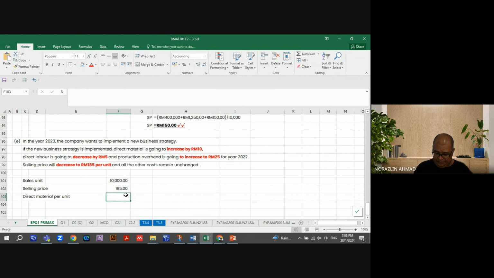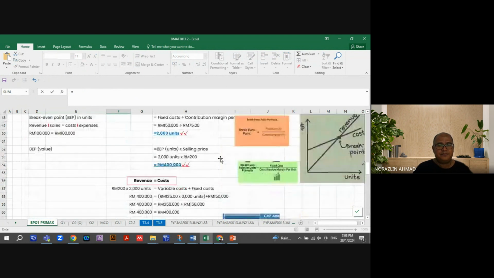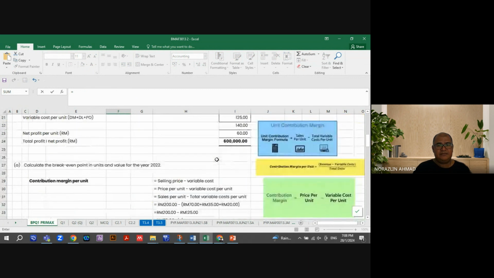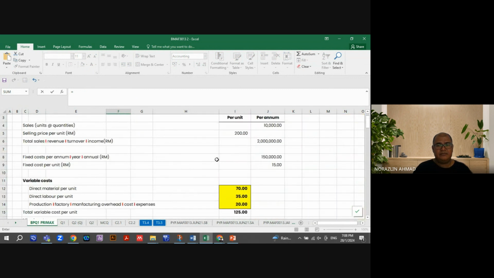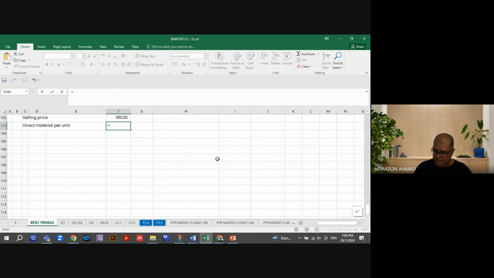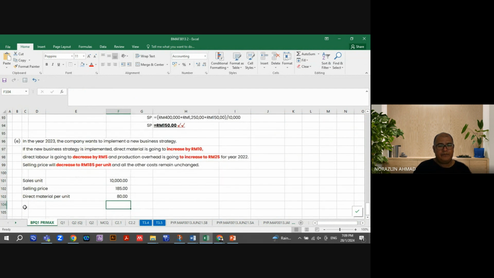Before this is 70, so now 80. 70 plus 10, 80. Direct labor per unit before this is 35. Now decrease by 5, 30.